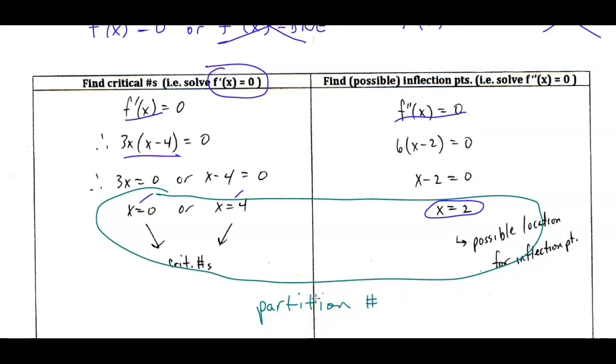And so what we're going to do with these partition numbers is we're going to break up our domain, which in this case is all real numbers, and we're going to study the behavior of our function by looking at the first derivative and the second derivative in each of these subintervals that we're going to make, and we're going to break up our domain into subintervals by using these partition numbers. And so I'm going to show you exactly what that looks like here.